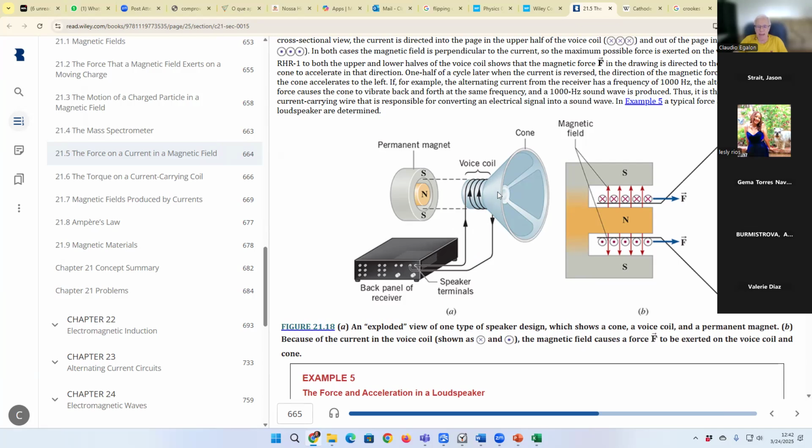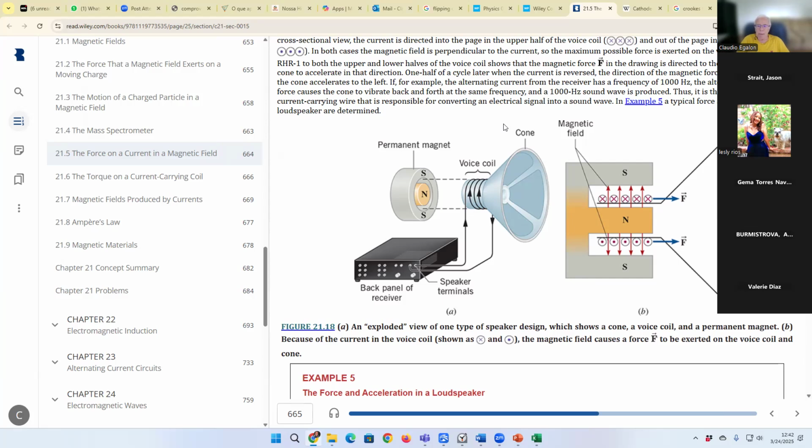If you control the magnitude of this current, what's going to happen? This wire is going to be subject to different forces, right? So let's see. Go ahead, do the right-hand rule. It's I cross B. In this case, the force is going to be to the right.